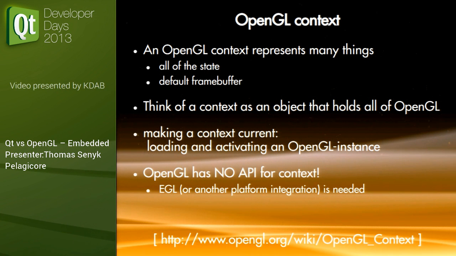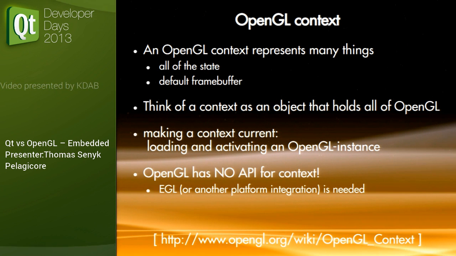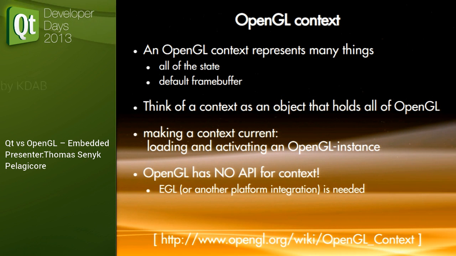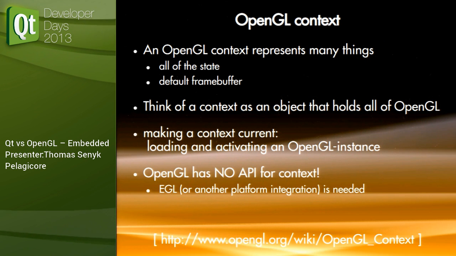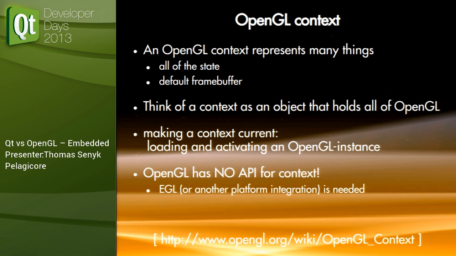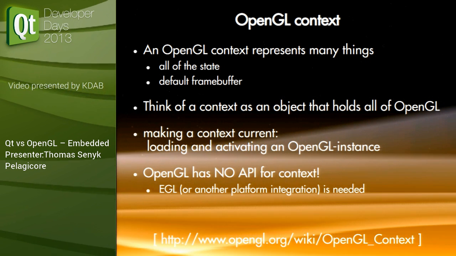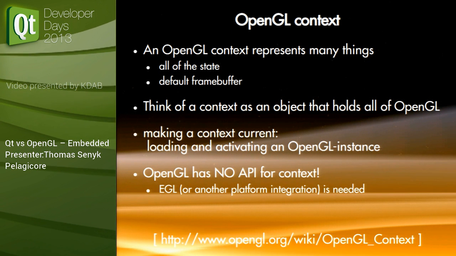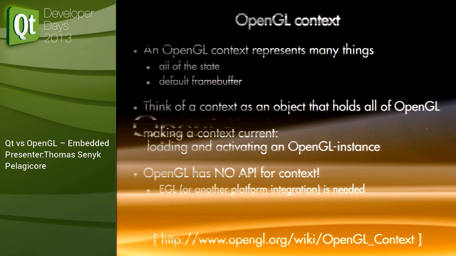And as OpenGL is completely and absolutely platform agnostic, there can't be any API for it in OpenGL itself. We will use EGL for that. There's other APIs. There's a context API for Windows, WGL, and for X, GLX, but we will only talk about EGL today.